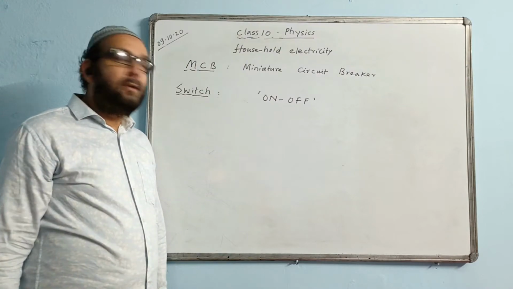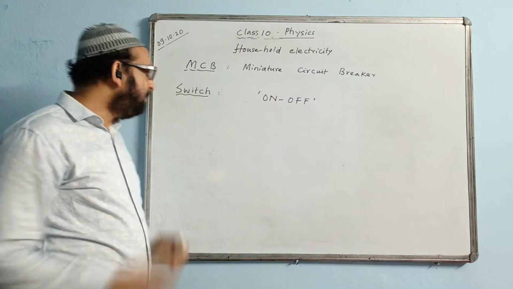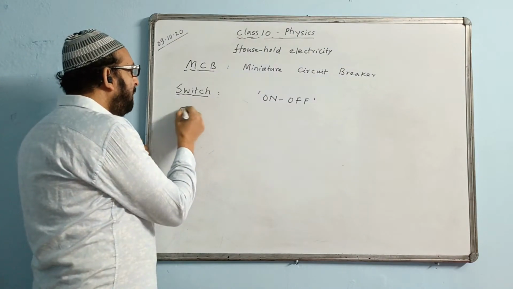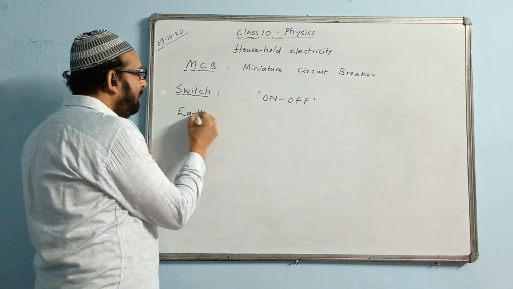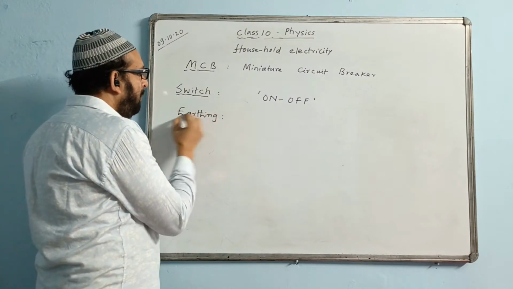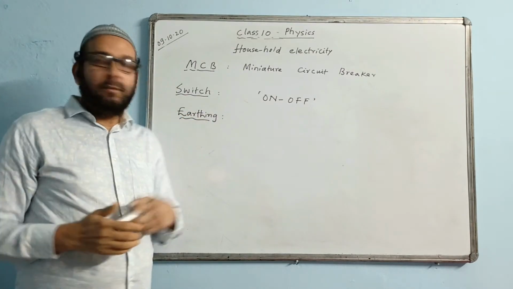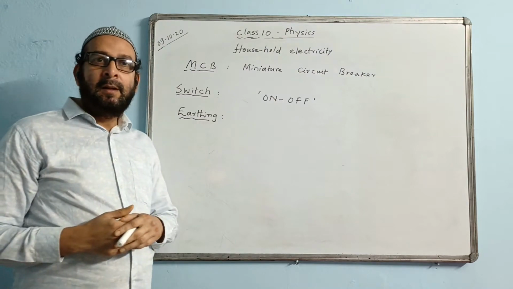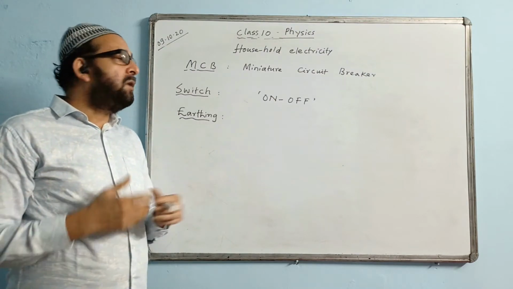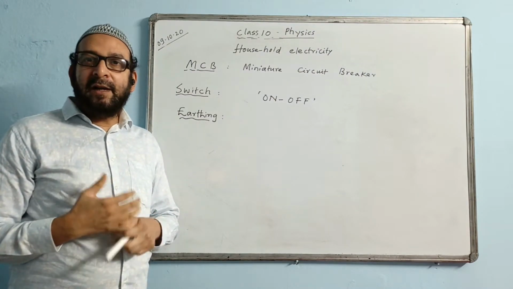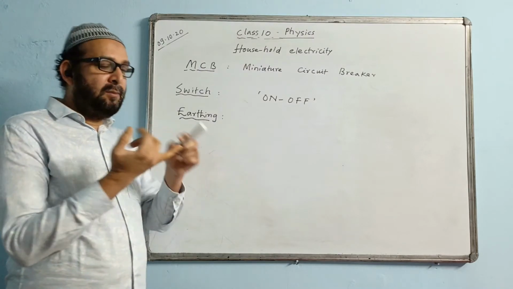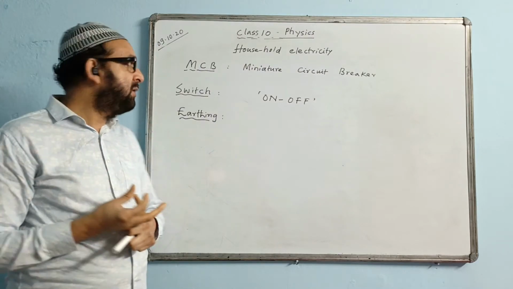Okay, now another thing. What is earthing? Earthing is also a safety measure. If a question asks you to name any three safety electric devices, we can name fuse, of course, a safety device.